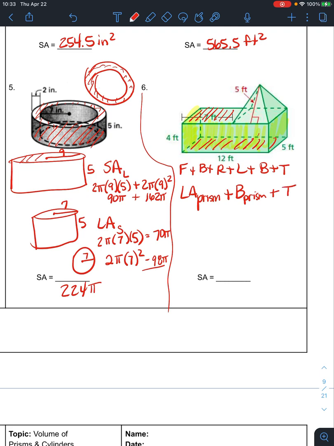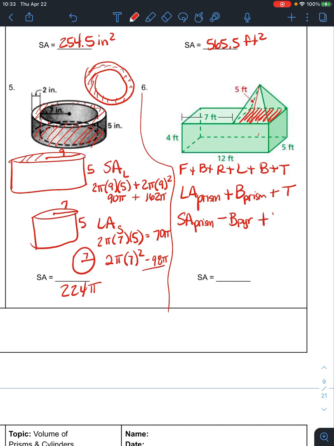What I did is I found the surface area of the prism, the whole thing, everything, and then I subtracted the base of the pyramid. So I found all of the surfaces of the prism. Then I subtracted the base of the pyramid because that much isn't getting painted.